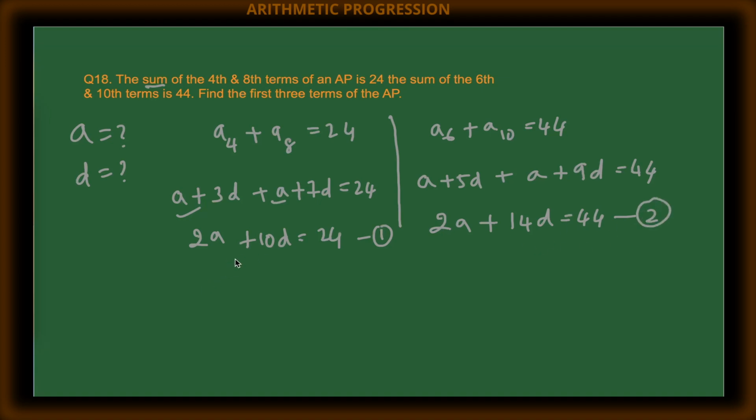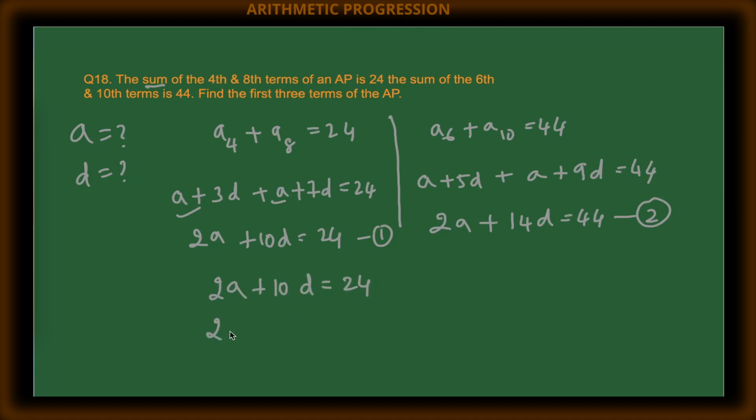So we have these two equations. When you have two equations, what can you do? One more thing you can see here is there is a common term. So let's try to solve it. 2A plus 10D is equal to 24.